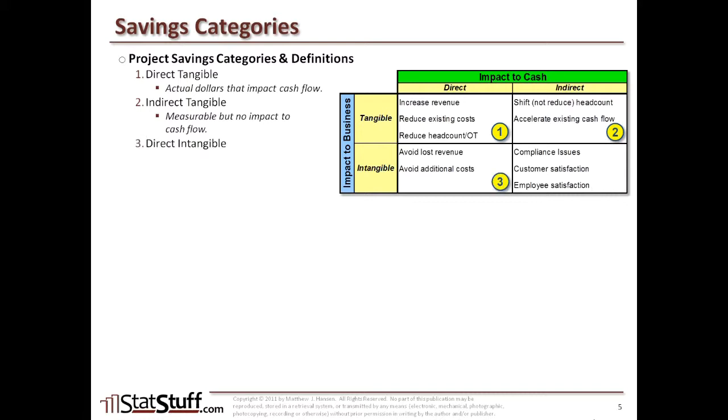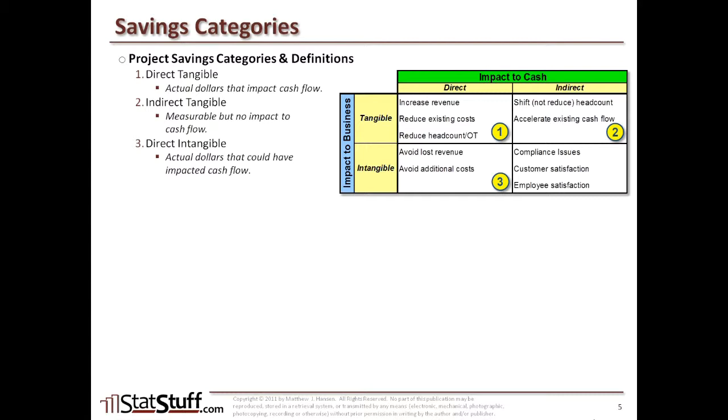Third category might be direct intangible. That is, it's having a direct impact to cash, but not necessarily measurable or tangible to the business. So they're actual dollars that could have impacted cash flow. For example, avoiding lost revenue or avoiding additional costs. For example, if we haven't done some particular activity or had better control or maintenance over some of our assets, we could have lost this additional revenue, or we could have incurred these additional fees or penalties if we didn't do this.